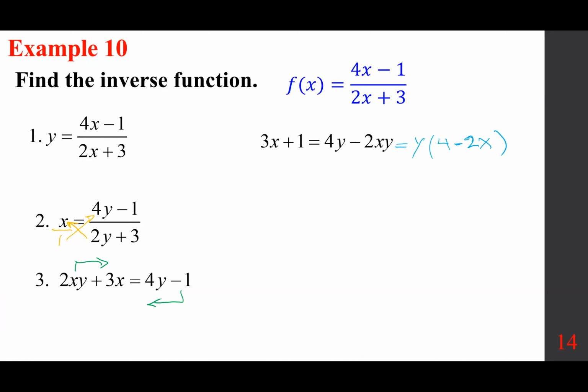Okay. Again, can I take the 2y? Absolutely. If I'm factoring, that is the proper factoring, but I don't want to do that. So if you divide both sides by 4 minus 2x, you get the y.